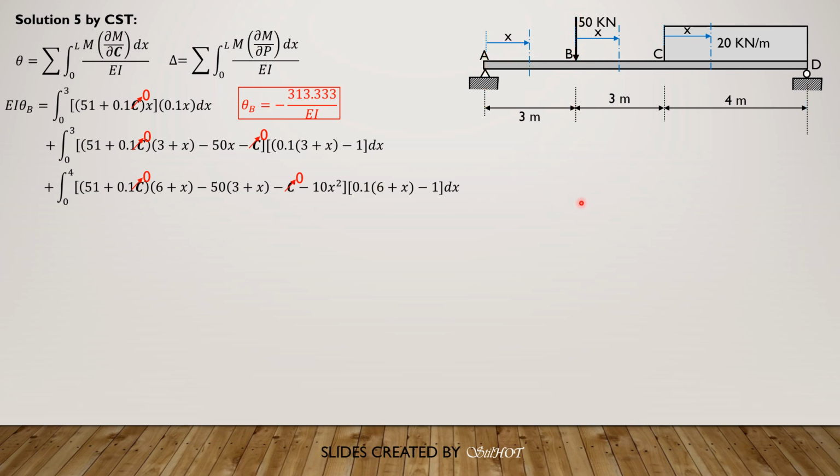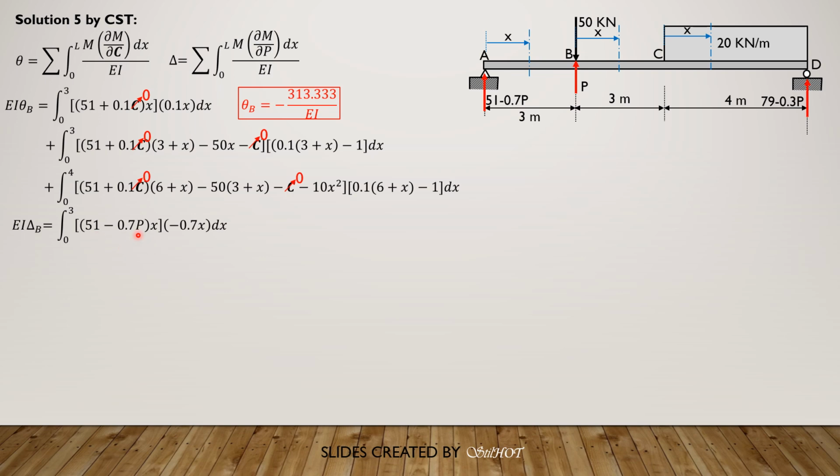Then for deflection, we remove the reactions. We change the load, upward load P. So the reaction here would become 51, so P times 7 divided by 10, so minus 0.7 P. 51 minus 0.7 P. On the other end, it should be 79 minus 0.3 P. So we have EI delta B equals integral 0 to 3 of 51 minus 0.7p times x.